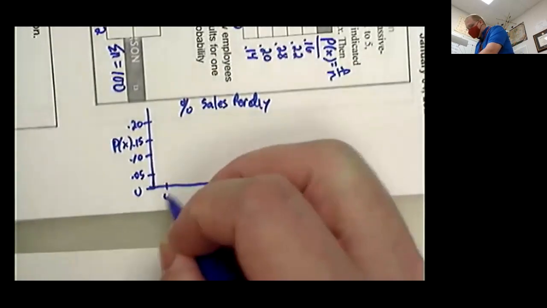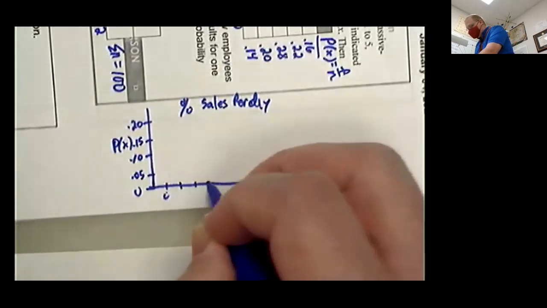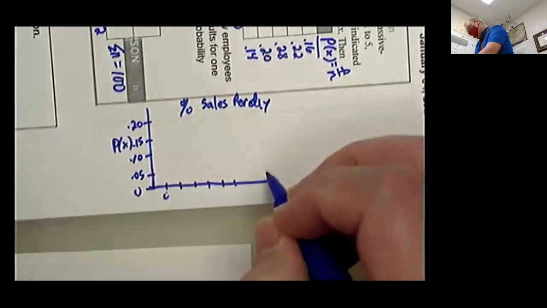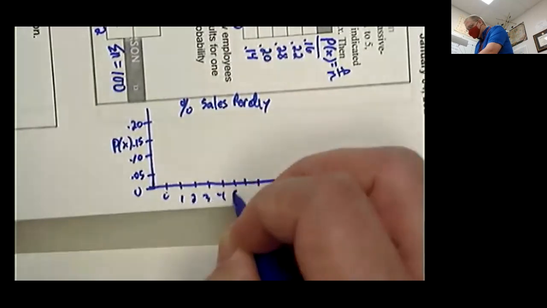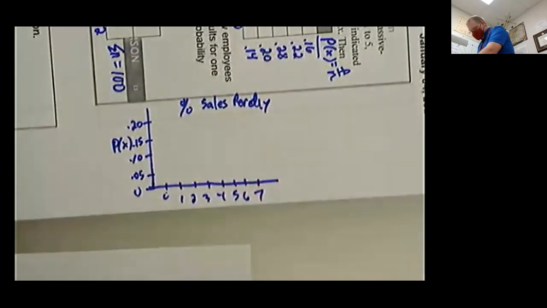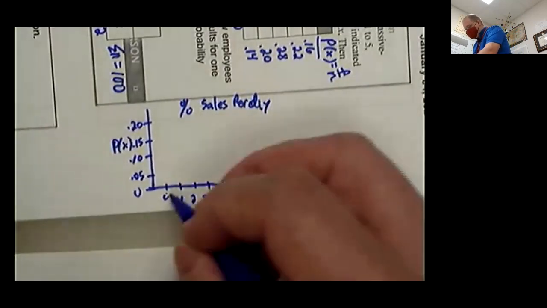And then on the bottom, there's our x's. So our x's start at 0. We're going 1, 2, 3, 4, 5, 6, and 7. And then we're going to make our bar charts. And again, our bars are connecting.